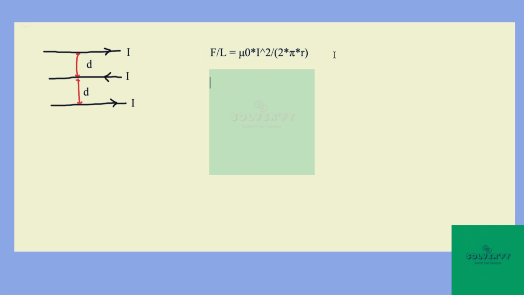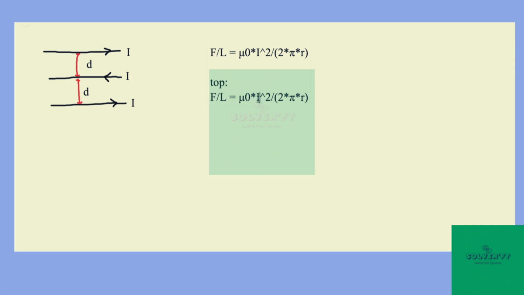So let's look at the top wire. For the top wire, again, we're going to need this formula, and what we want to do is add up the contribution from each of these wires individually. So let's first think about the middle wire. It's a distance d from the top wire, and it's going to contribute a field here that's going to cause a force.